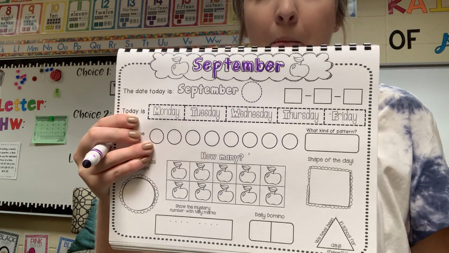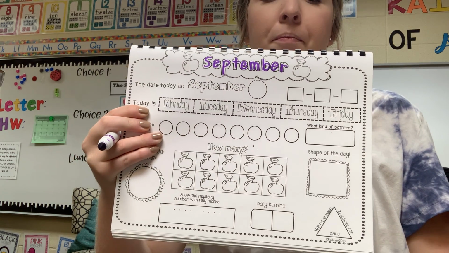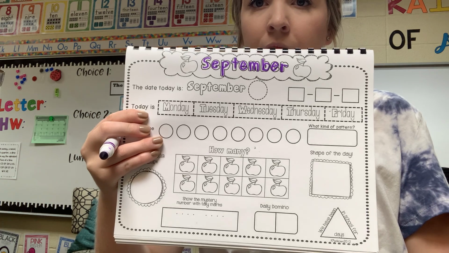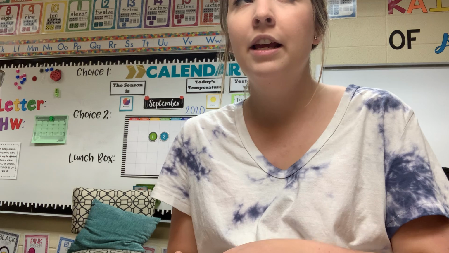So get your marker, your crayon, or your pencil and start tracing the word September at the top of your calendar. Just like I did. September. Good. And we said that there are how many letters in September? Who remembers? If you remember, tell a friend, mom or dad, how many letters are in September.